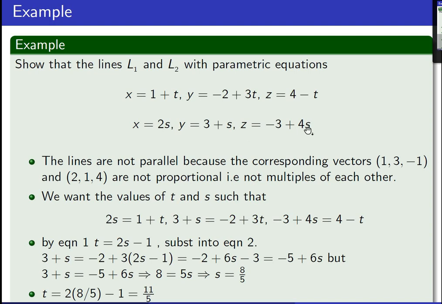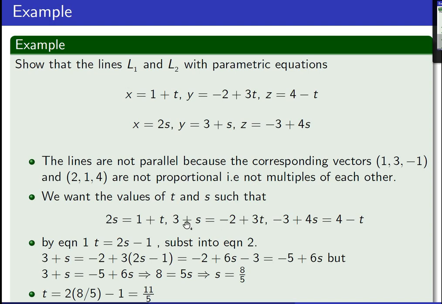Here our parameter is s, so the direction vector for the second line is (2, 1, 4). Clearly they're not multiples of each other, which simply means these lines are not parallel. So we can conclude that line 1 and line 2 are not parallel.